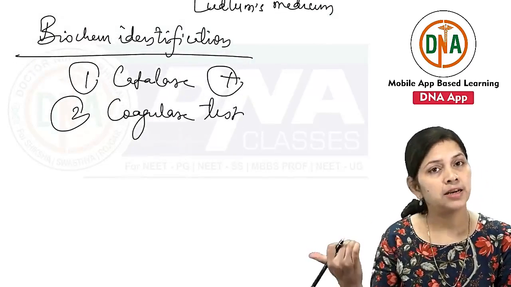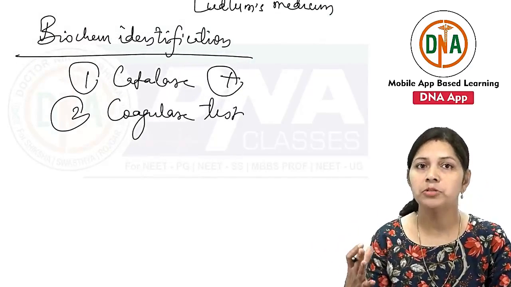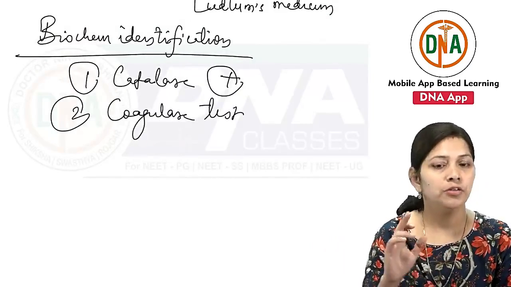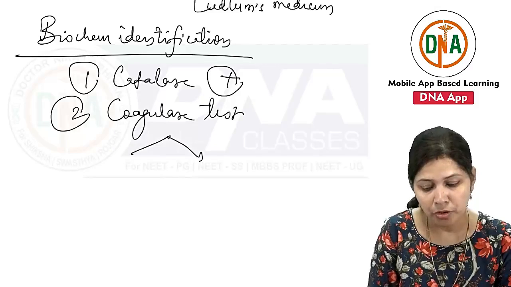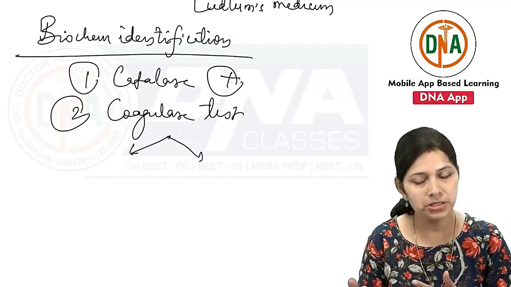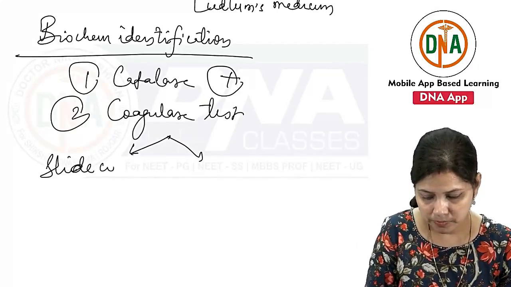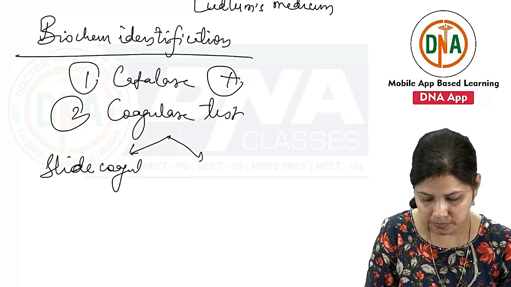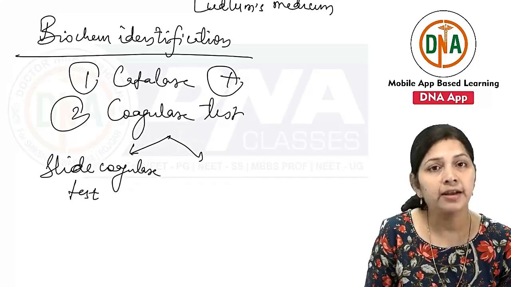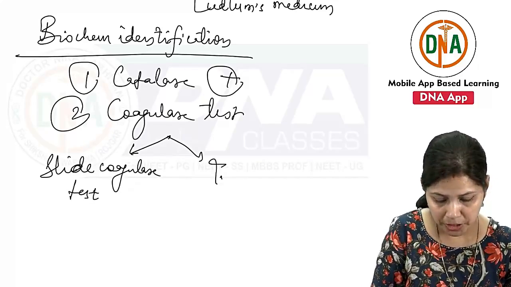In the last class, where we talked about bacterial identification, we saw that there are two important methods for the coagulase test. First is the slide coagulase test, and another is the tube coagulase test.